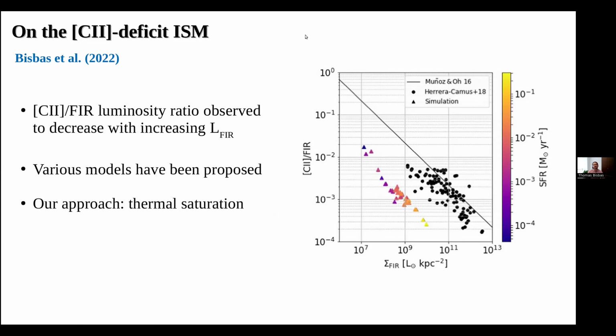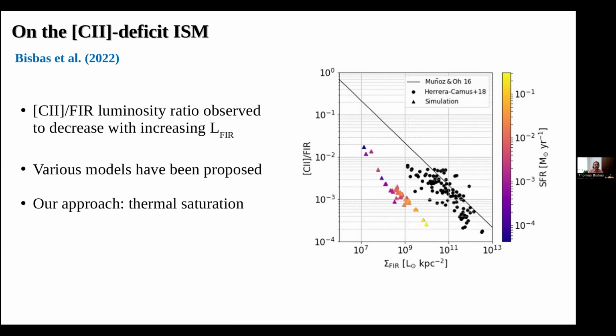By C+ deficit, what I mean is that the ratio of C+ over FIR, which is the emission of C+ divided by the emission of dust, decreases as the FIR emission increases. So in few words, you have a galaxy which is bright in dust, which means that you expect to have a high amount of FUV radiation or a high amount of ISM environmental parameters.